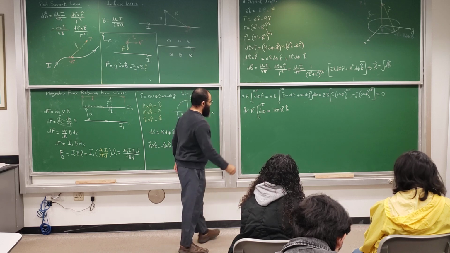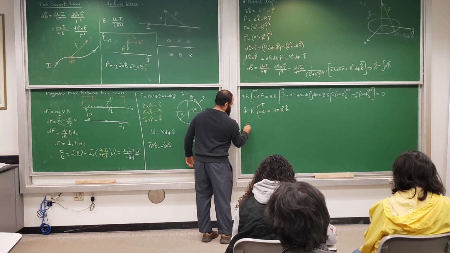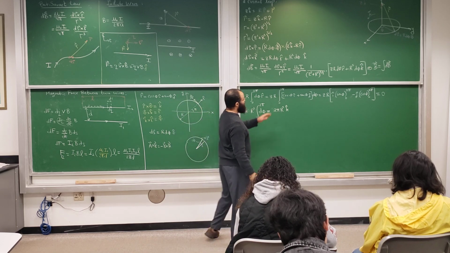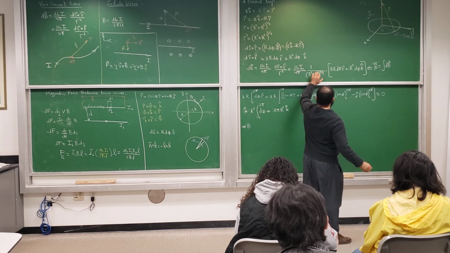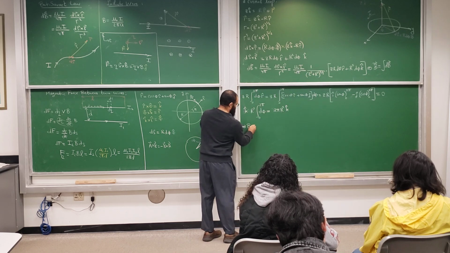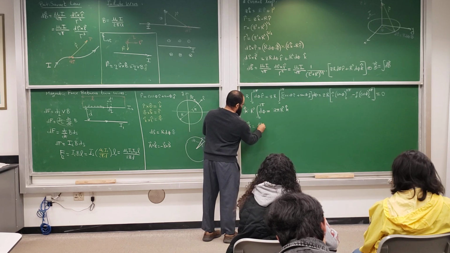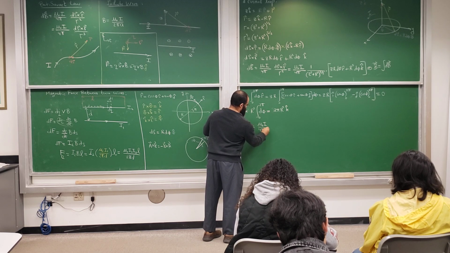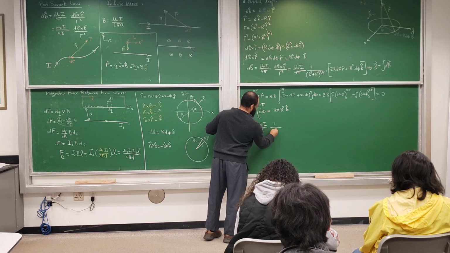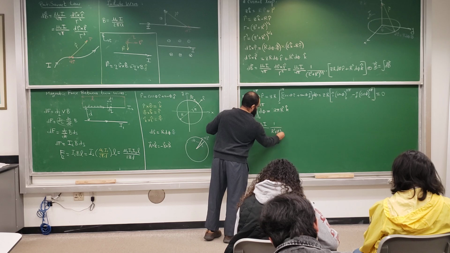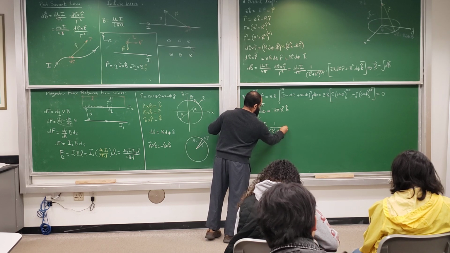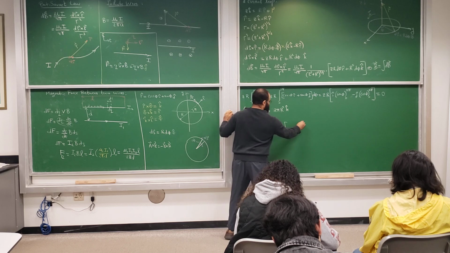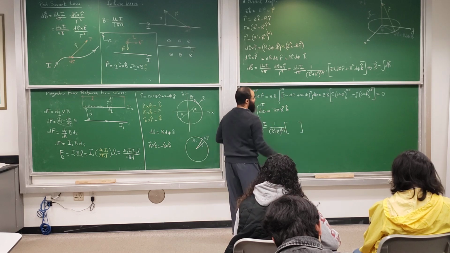So now the magnetic field B is going to be all this stuff, which is mu naught I over 4 pi and 1 over r squared plus z squared to the 3/2 power. And what's left from the two brackets inside?